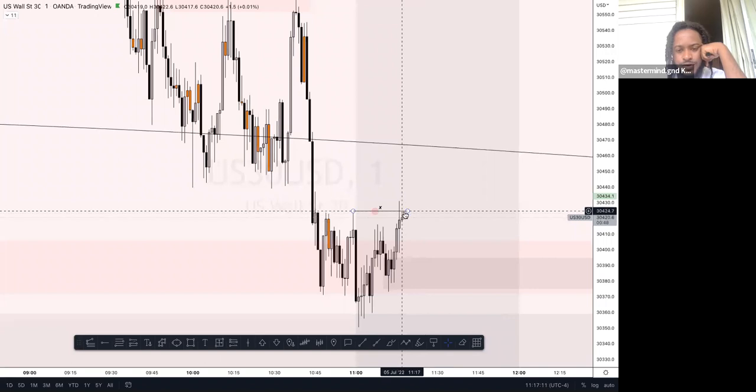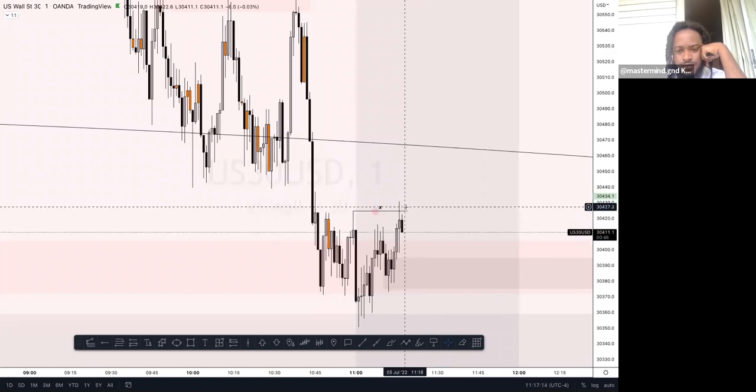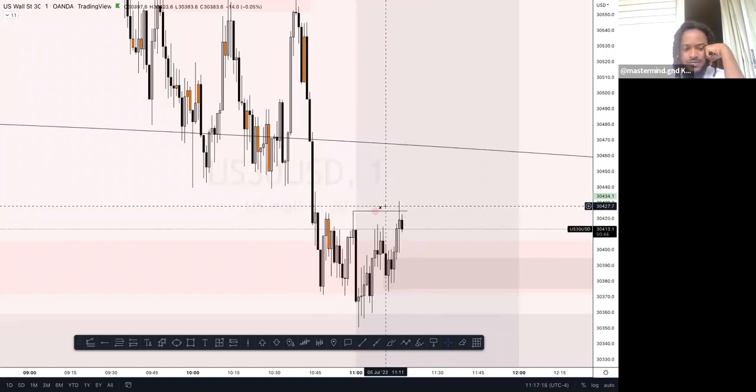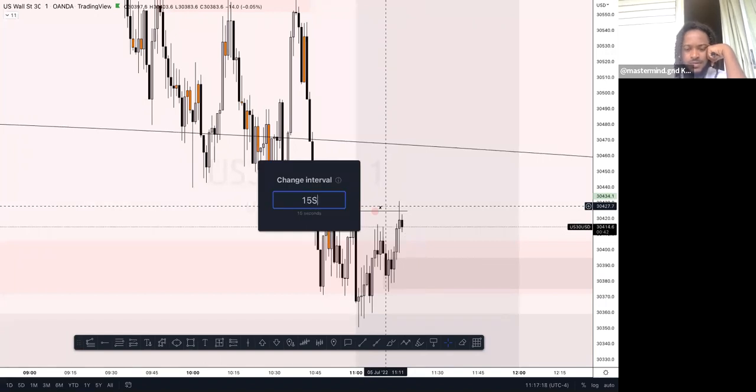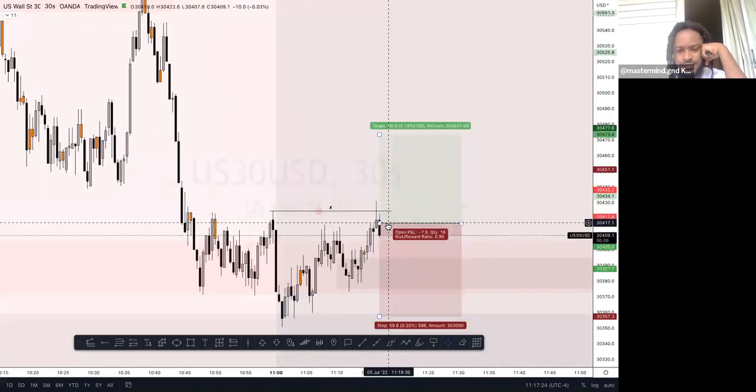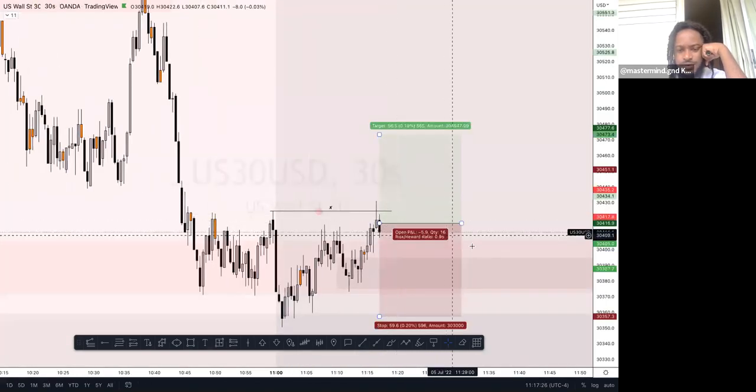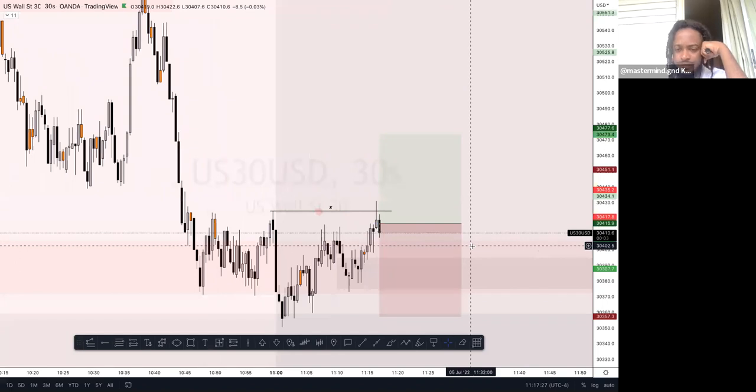We should probably wait for the 1 minute to close above, right? I'm gonna go ahead and probably enter 1/4% in the meantime, right?